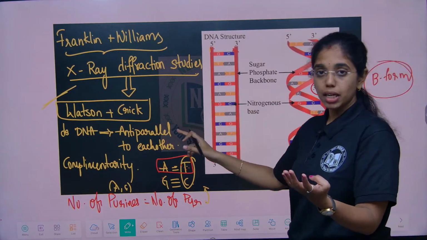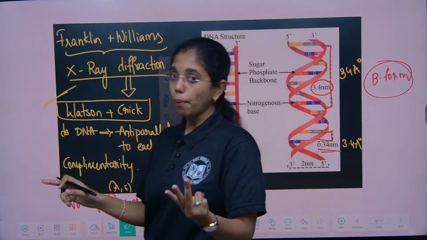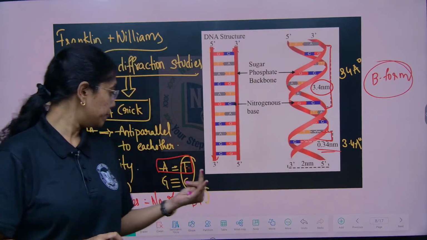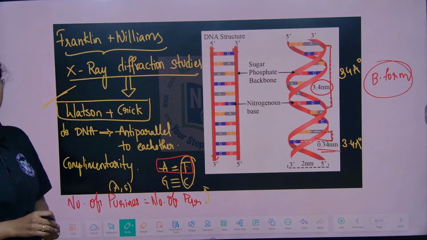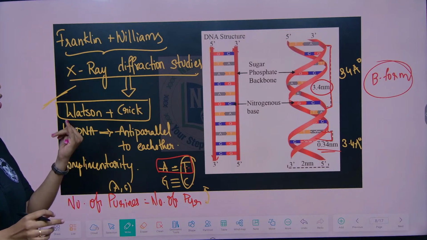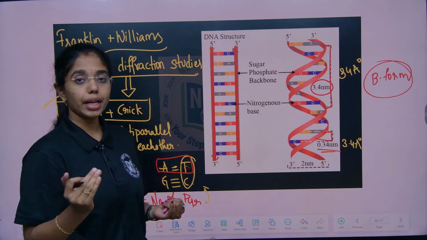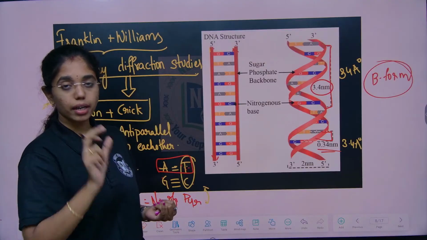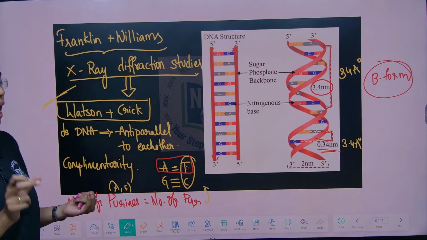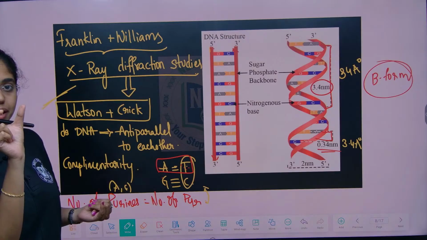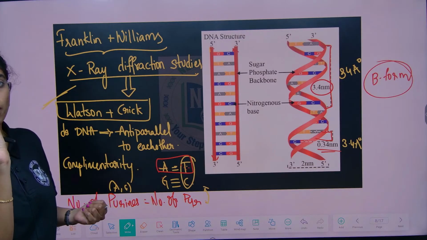First is about anti-parallel nature, second is complementarity, third will be number of purines is equal to number of pyrimidines, fourth, backbone of DNA will be sugar and phosphate group, internally the nitrogen bases are present and 2 nitrogen bases connected via hydrogen bond form a base pair.